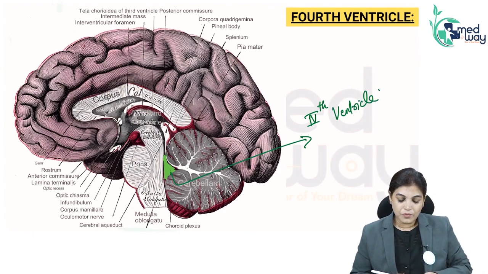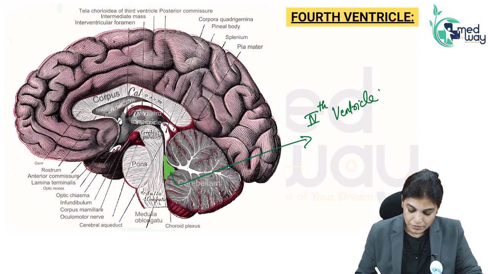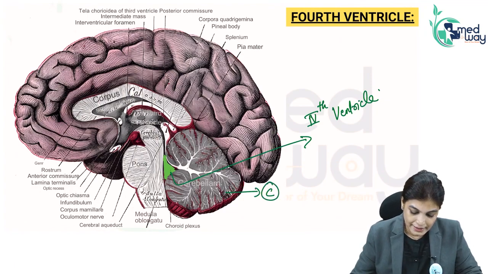Now, if you see the fourth ventricle, you can see it is lying anterior to the cerebellum. This structure which you are seeing, I am writing C for the cerebellum. And in the anterior aspect of the fourth ventricle, we have the pons, the lower part of the pons, and the upper part of the medulla.